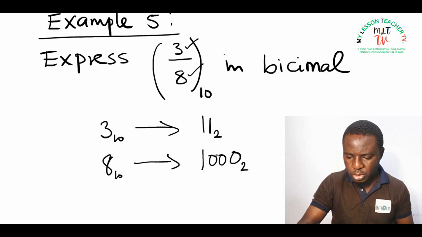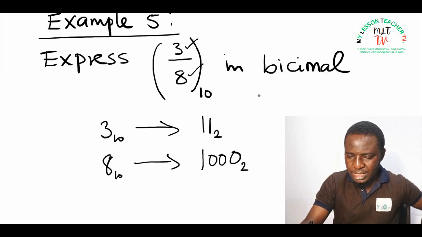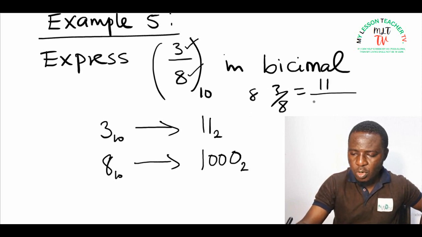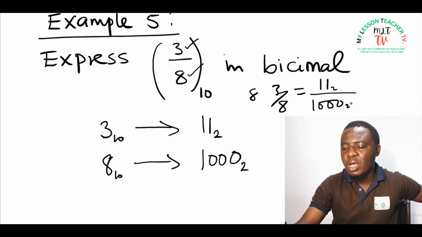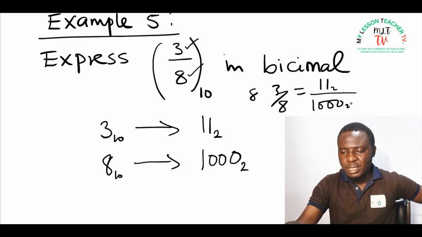This is 2, 4, 8. Yes, 1 0 0 0. So I can easily put this to be 3 over 8 is equivalent to 11 divided by 1 0 0 0 in base 2. Then I can just move straight ahead to use either method 1 or 2 in solving them.